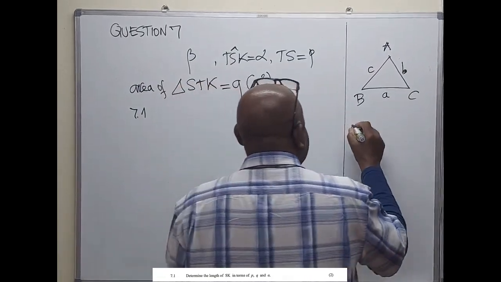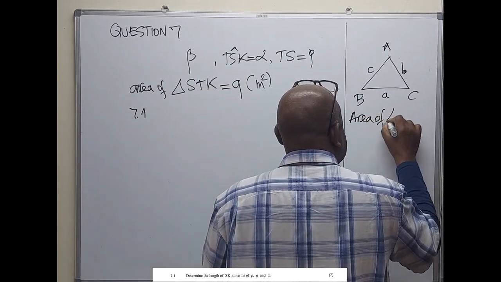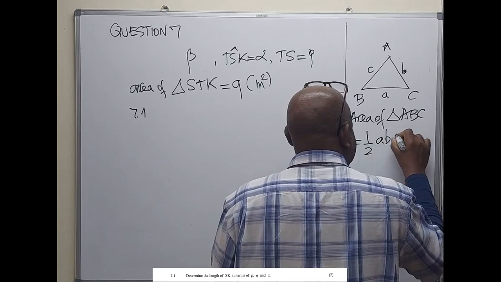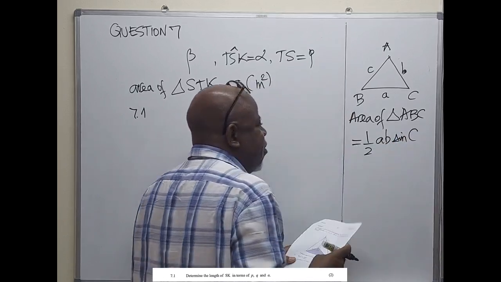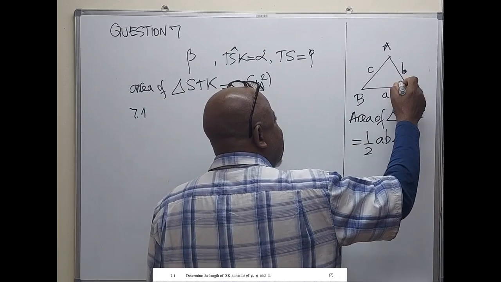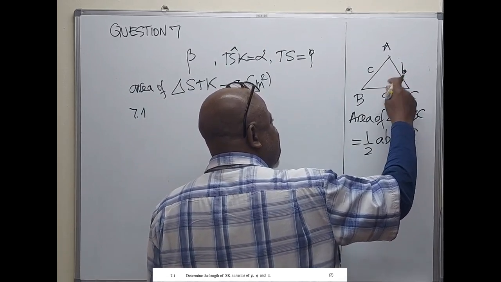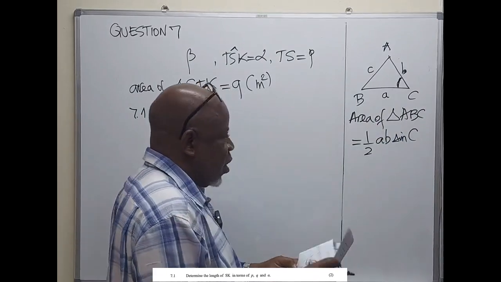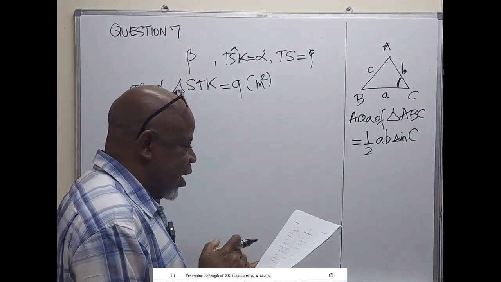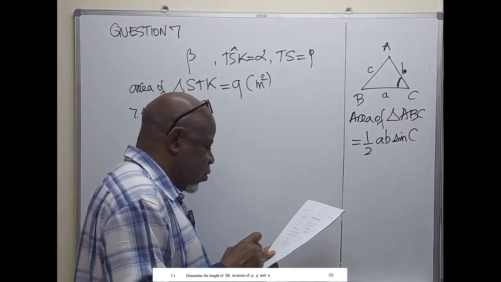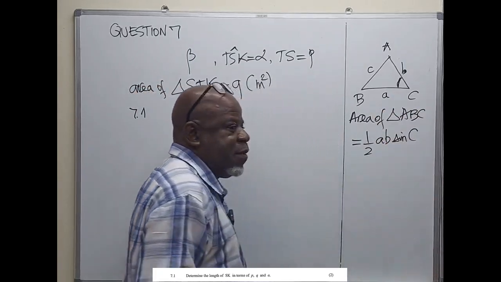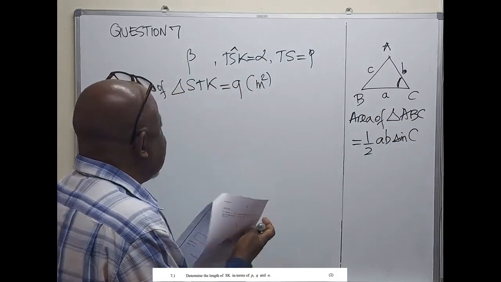If we want to get the area of triangle ABC, it is going to be equal to 1 over 2 ab sin C, meaning half of the product of these two sides, a times b, and the sine of the angle between the two sides. If you are not quite sure, you can check your formula sheet, because it's on the last page, the information sheet. Then you will see that the area of the triangle ABC is half a times b times sin C. So this is the formula we're going to use here now.